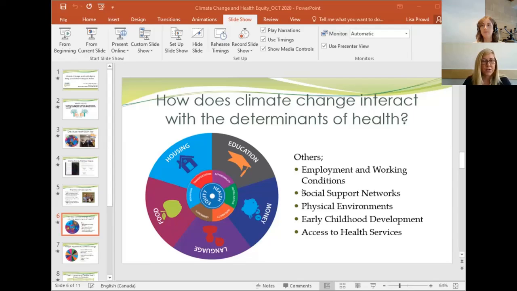And I thought we would start with the middle section of the tool that identifies just a few of the social determinants of health. So if we look at money, for an example, our income determines our living conditions and access to safe housing and the neighborhoods we live in.